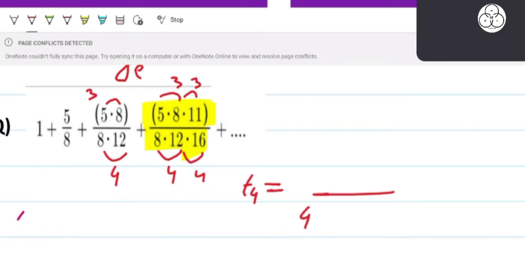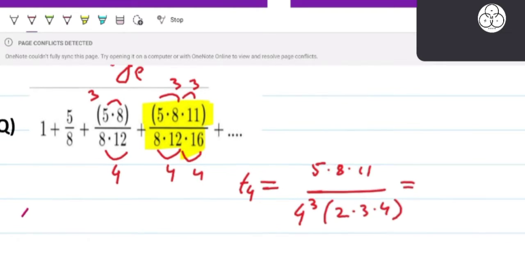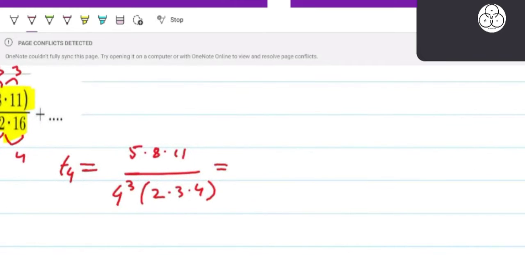So this is 4 cube, 2 into 3 into 4, right? And here we have 5 into 8 into 11. We can write it as 4 factorial over 4 cube.